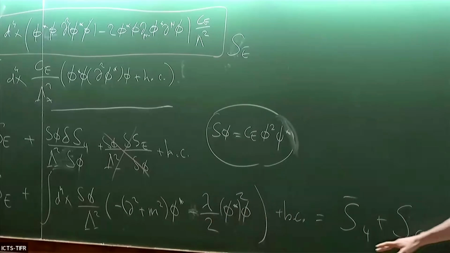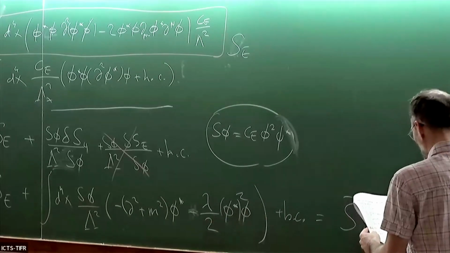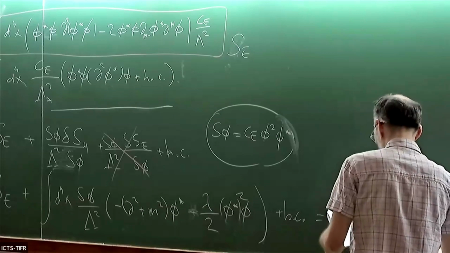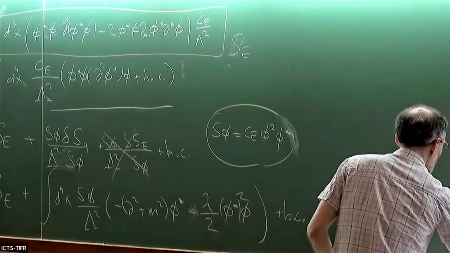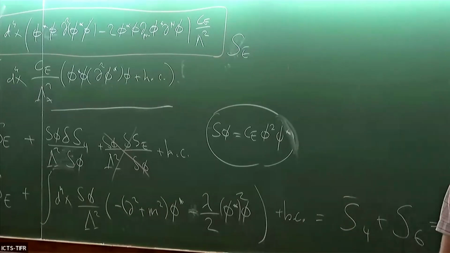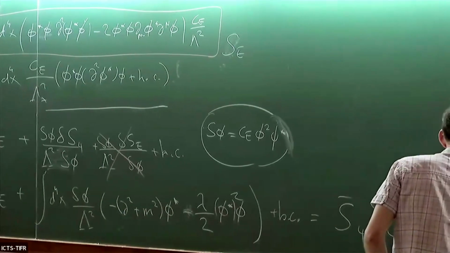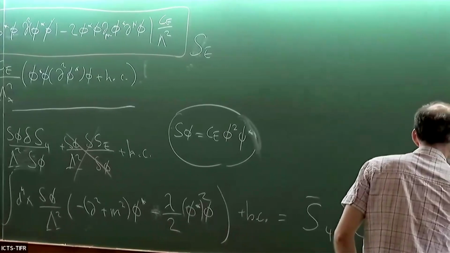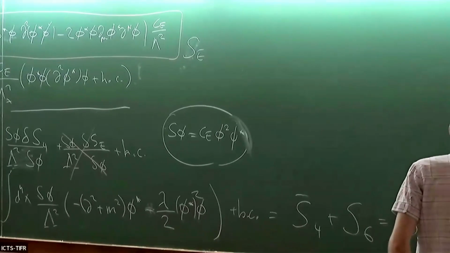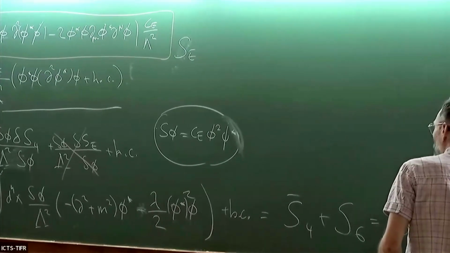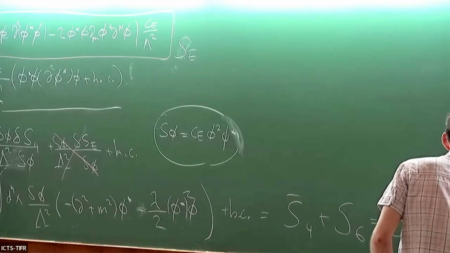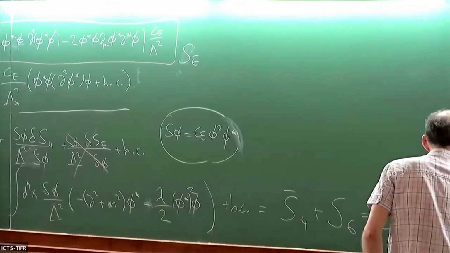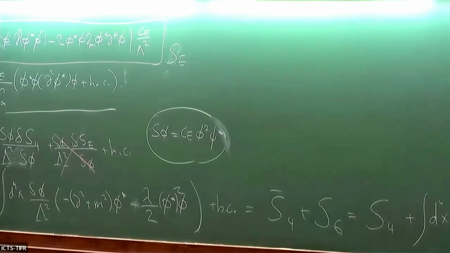Again, this notation will be a renormalizable term, and a dimension 6 operator, which will look like S4 plus, I'm just collecting those terms, before x, phi squared phi star over lambda squared CE.